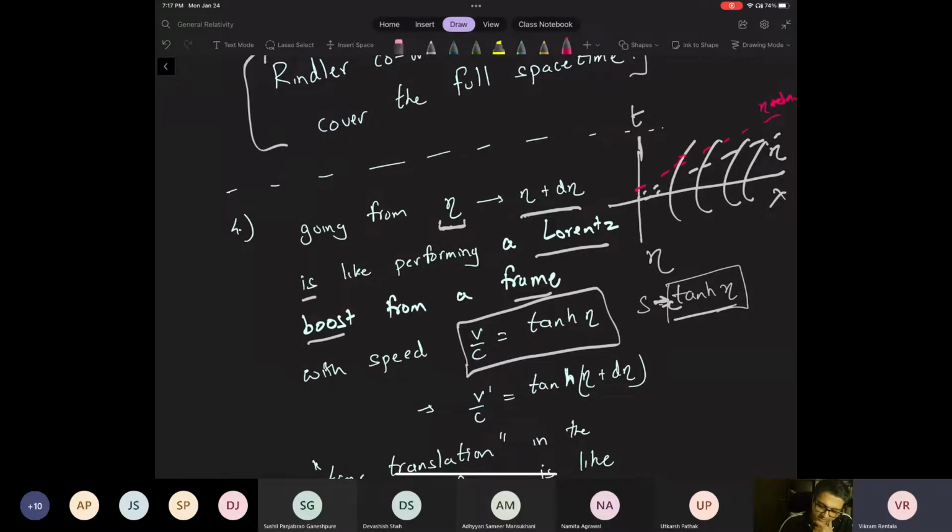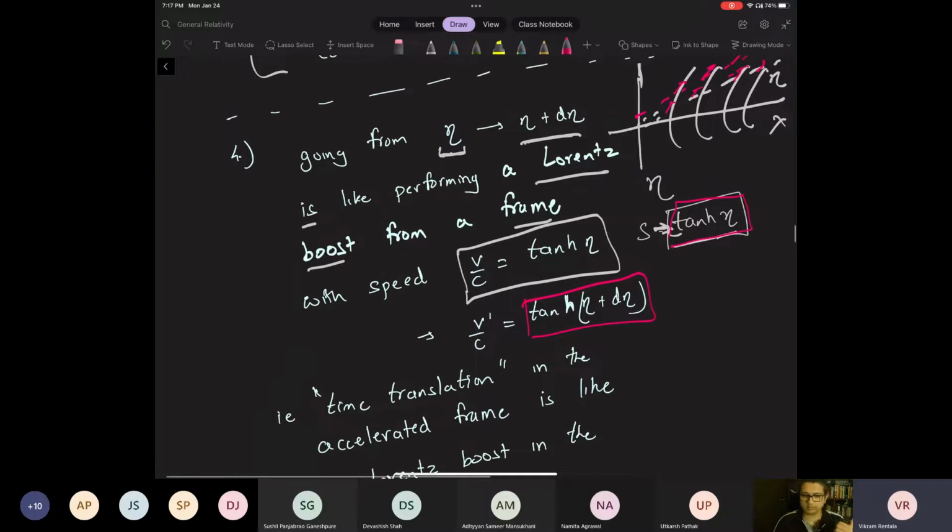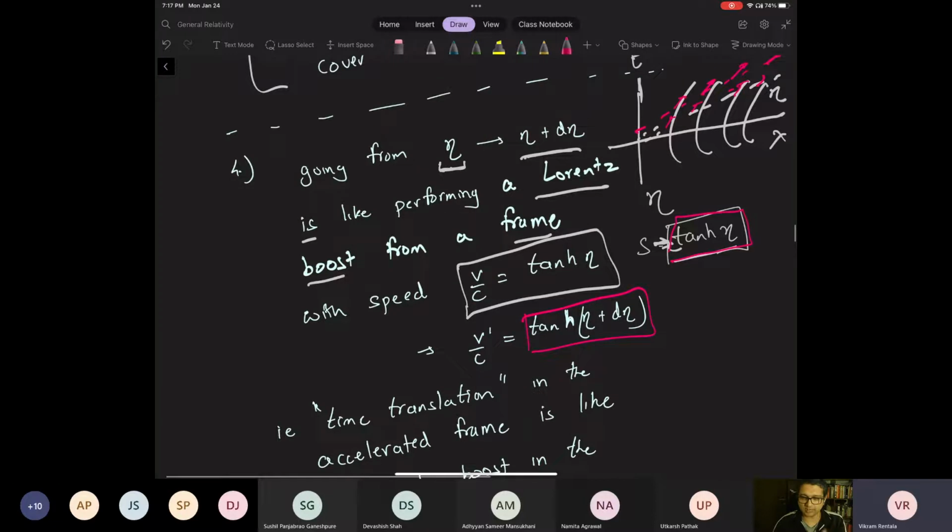Now all my Rindler observers have a different speed as measured in that original frame S. Instead of having a speed tanh eta, they now have a speed tanh of eta plus d eta. So in effect, when I change eta by d eta, this is like a time translation for the Rindler observers, because remember, eta is like a time coordinate for the Rindler observers.